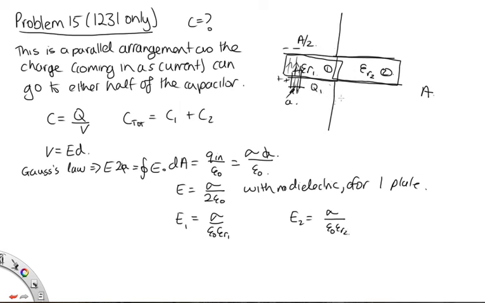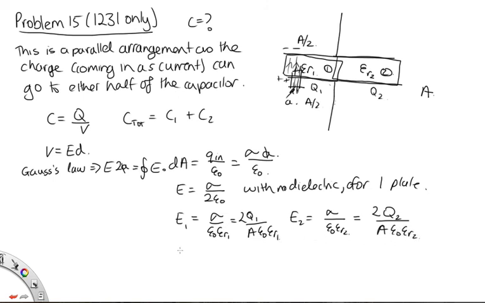Now these sigmas are different. We have Q1 on this plate and Q2 on this plate, so we can write sigma. The area of this plate is A on 2, so this is equal to Q1 over A on 2, so that's A epsilon naught epsilon R1, and then the on 2 becomes a 2 up the top. And we've got the same thing here, 2Q2 over A epsilon naught epsilon R2.